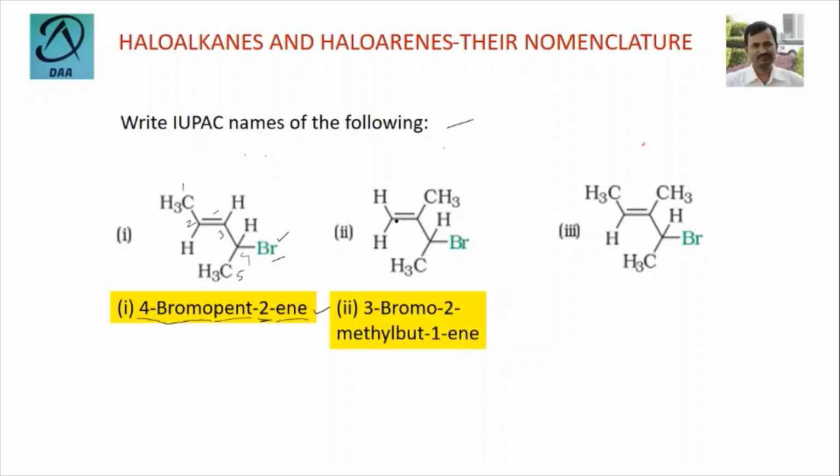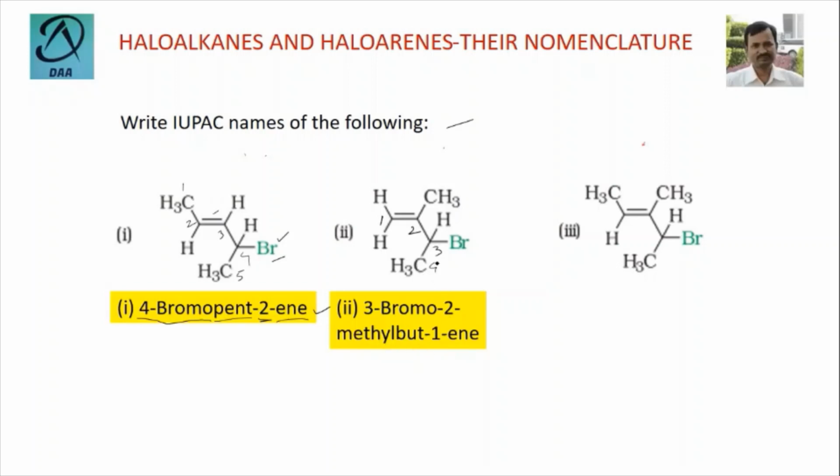In this case, you have to do the naming from this side, 1, 2, 3, 4, because this is a diene, that means this double bond should have the least number as per the IUPAC rule.